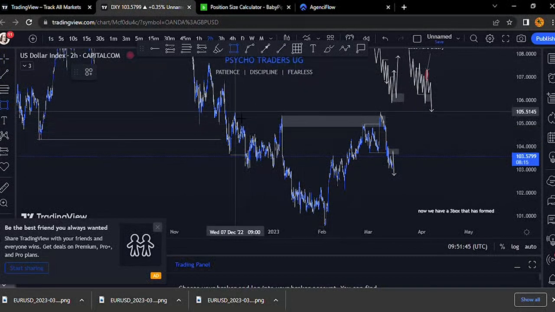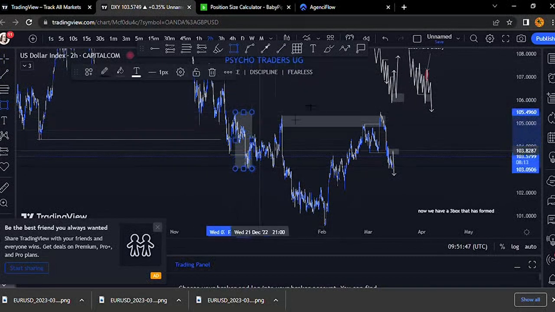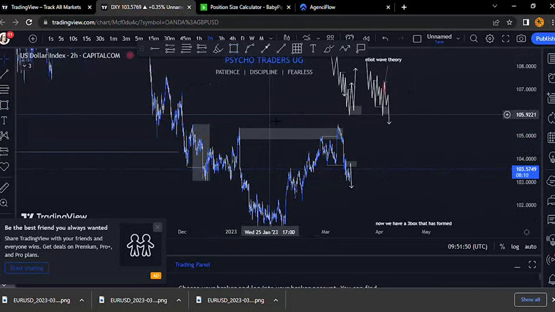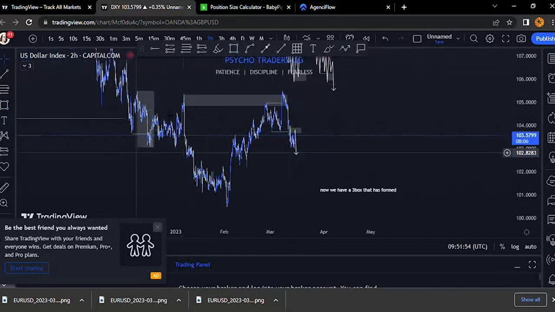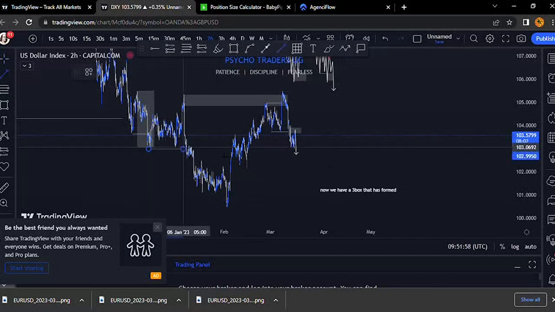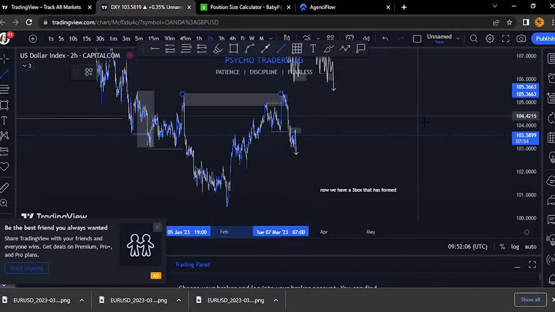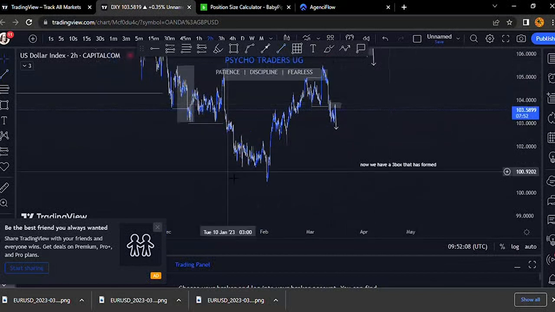However, price liquidates some highs. As you're seeing at this point, we break another low, continue to the downside, but price comes to the high, liquidates this high right here, but still we are looking for some good shots to the low.